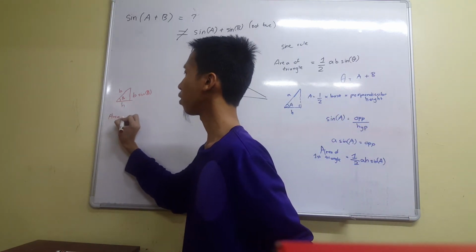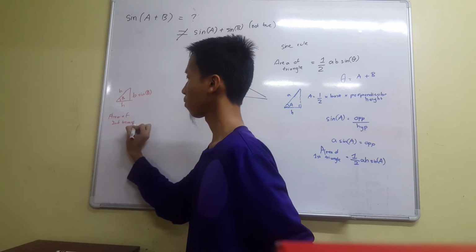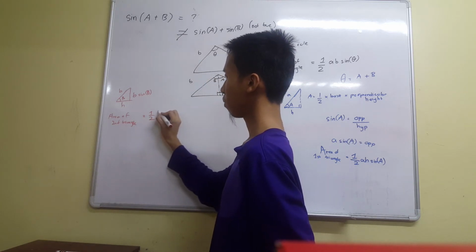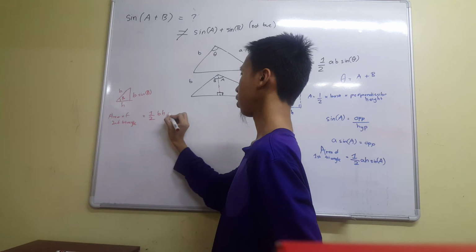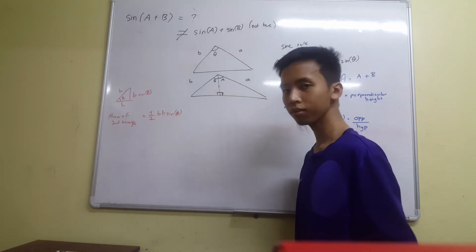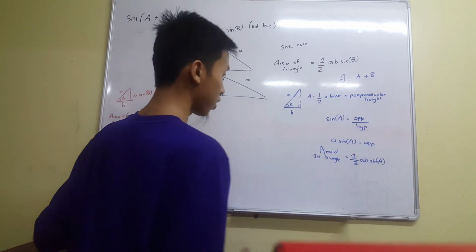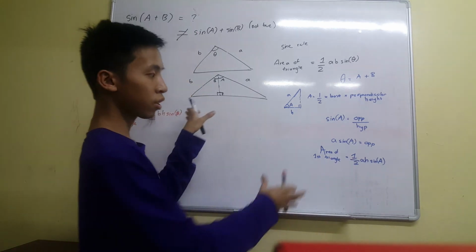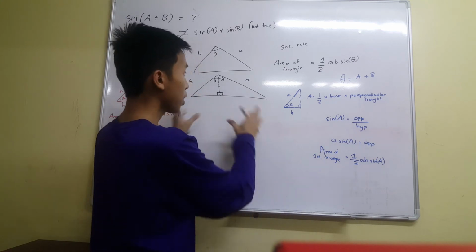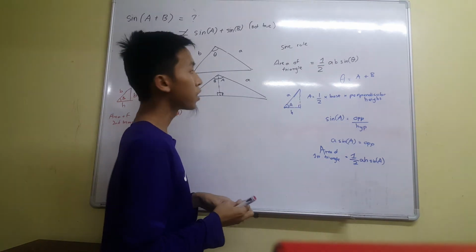The area of the second triangle is 1/2 B H sine B. So far so good. Now the sum of the areas of these two triangles must equal the area of the whole triangle, which is half AB sine theta.